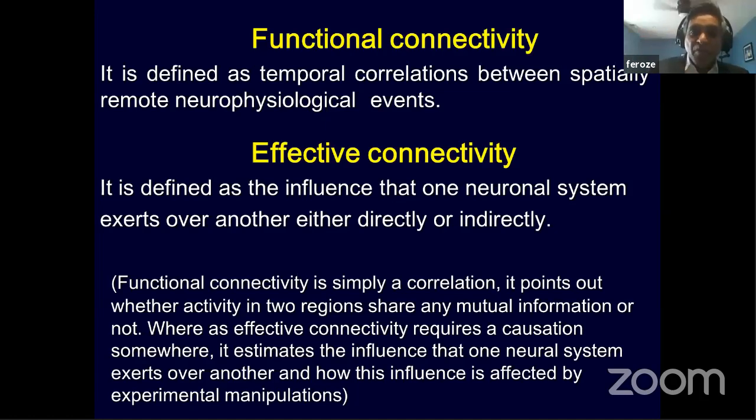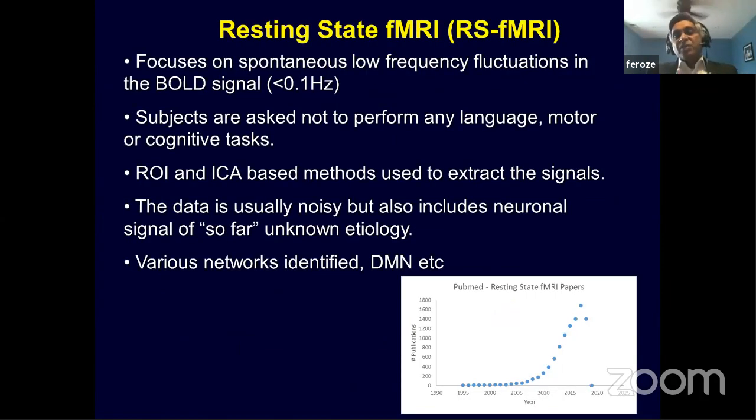This has been really important to develop this new field called resting state fMRI, where what is happening is inside the brain there are low frequency fluctuations in the BOLD signal. They're so low they can be captured, and subjects do not have to do any tasks. And these low frequency fluctuations, even though they are geographically different, are correlated, right? That's what makes it very interesting.